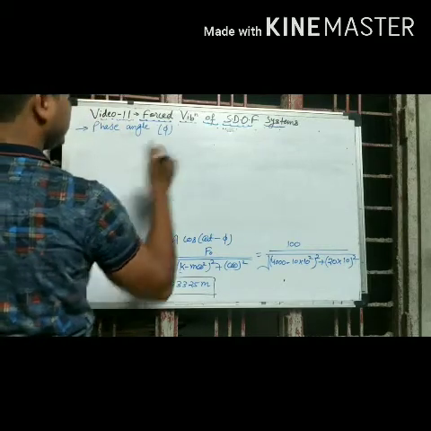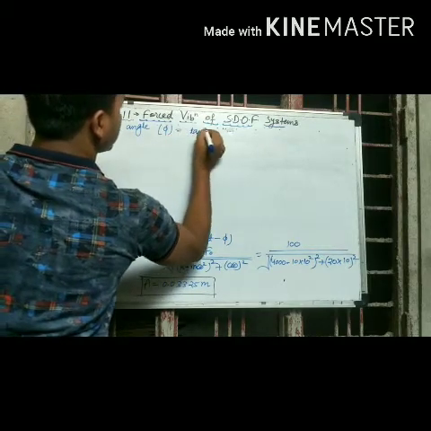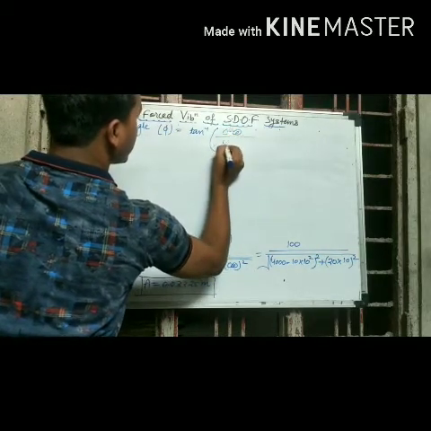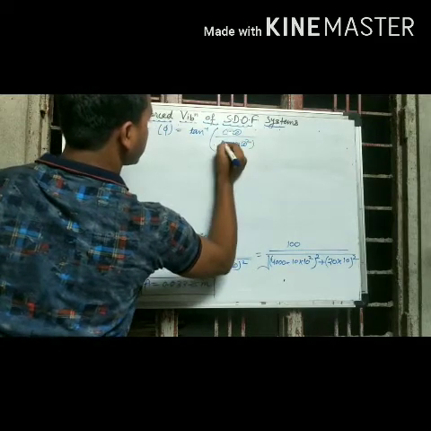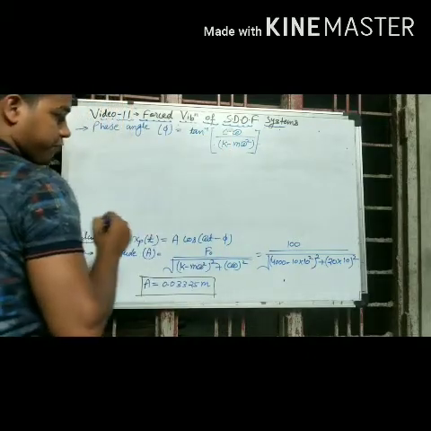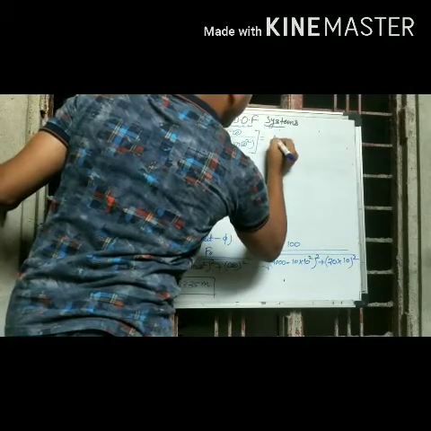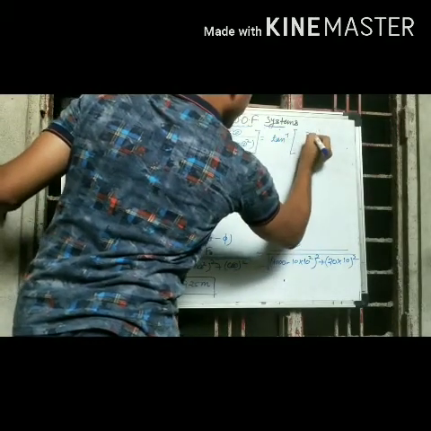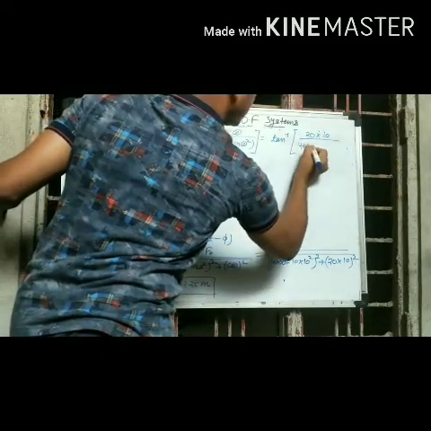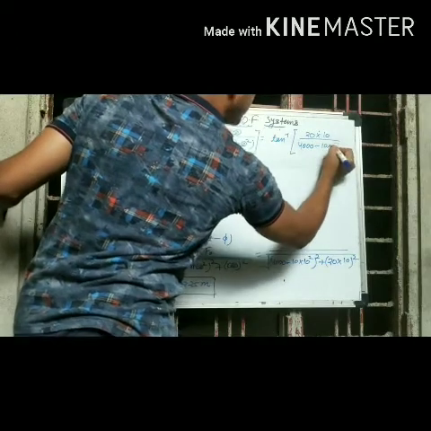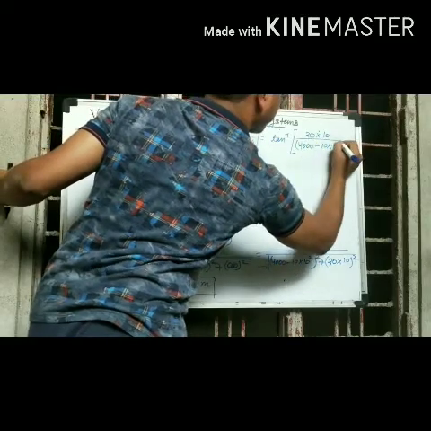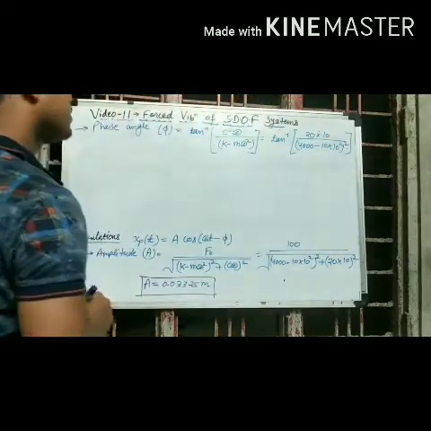The formula for phi is tan inverse of C omega divided by K minus M omega square. This is the formula for phi. So if we put the values, it will be equal to tan inverse of the value of C, which is 20, into omega, 10, divided by K minus M omega square. K value is 4000 minus M, which is 10, into omega, 10, square. Right? This is phi.